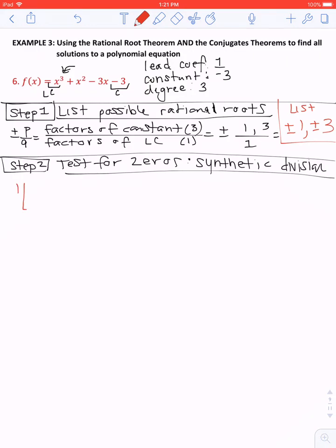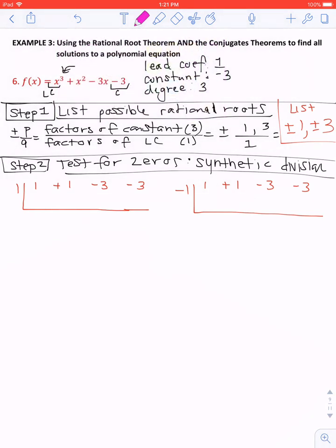So 1, -1. Right, and we need to look up at our original function, and we have coefficients of 1, positive 1, -3, -3. So 1, positive 1, -3, -3.